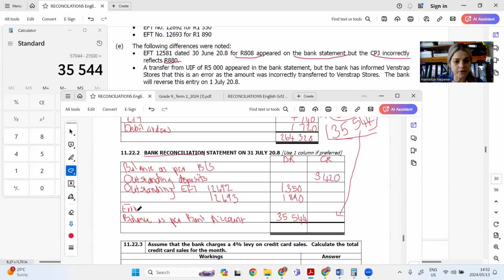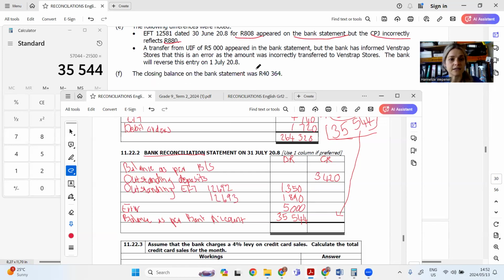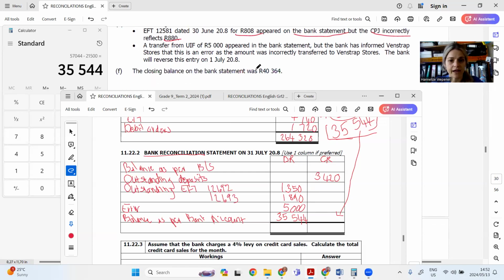If the bank incorrectly credited my account because they said that I received the money, but that should now be reversed, it means that they would have to debit my account with 5,000 Rand, because that way the debit and the credit will cancel out each other, and then we are fine.